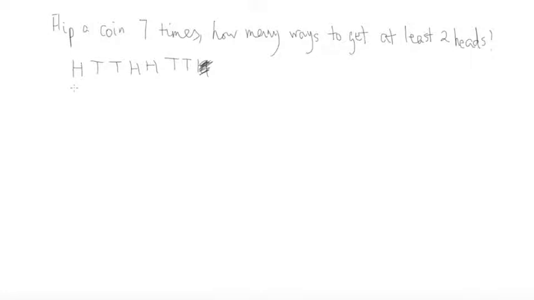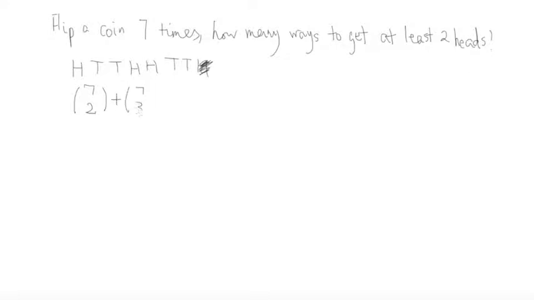And so one could try to count case by case. So for example, how many ways could you get 2 heads? If you know how to do it, this is just 7 choose 2. That's how many ways to get 2 heads. And how many ways to get 3 heads?